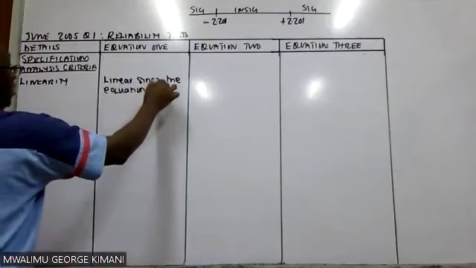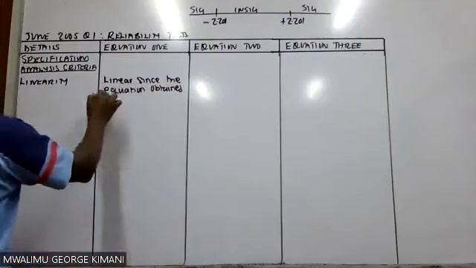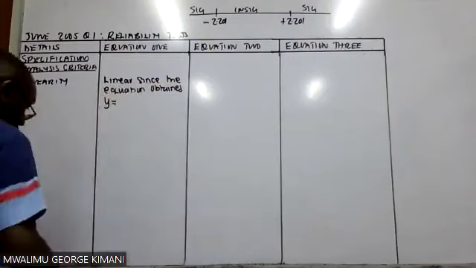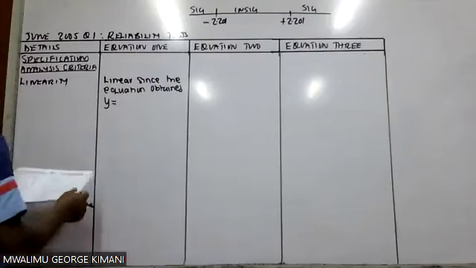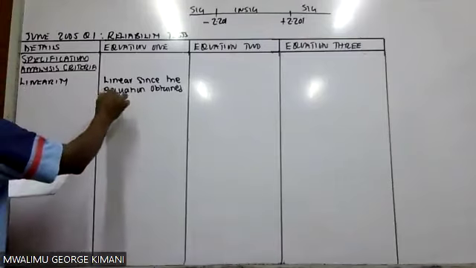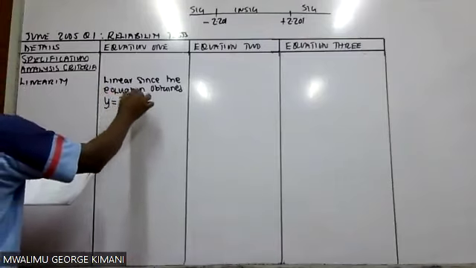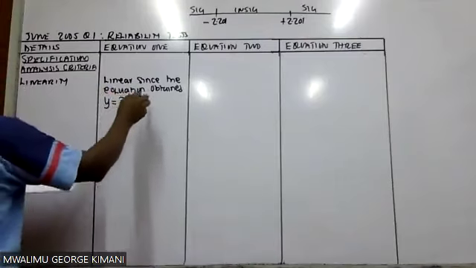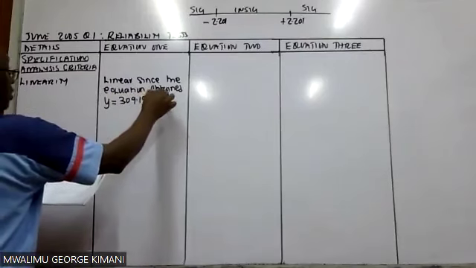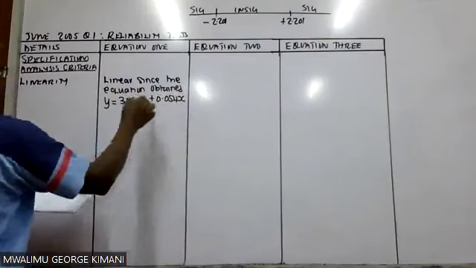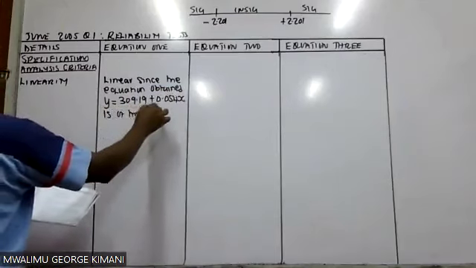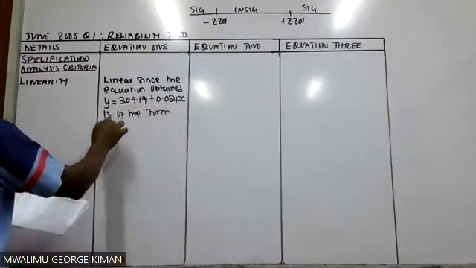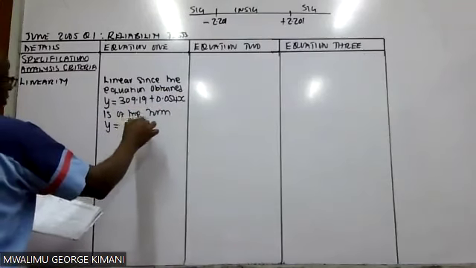since the equation obtained, y is equals to 309.19 plus 0.054x is of the form y is equals to a plus bx.